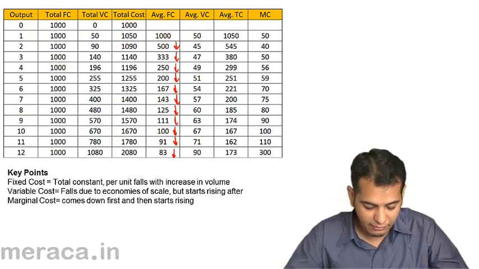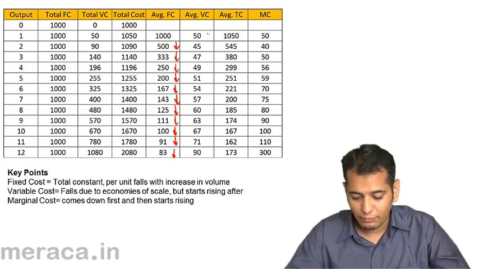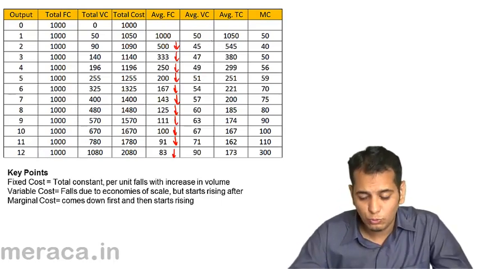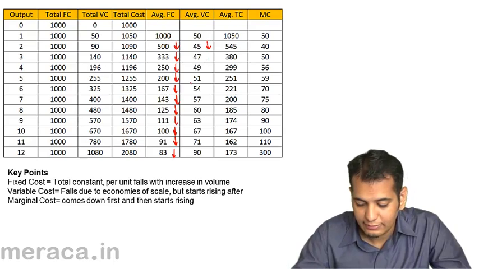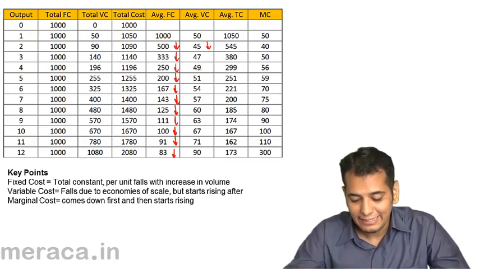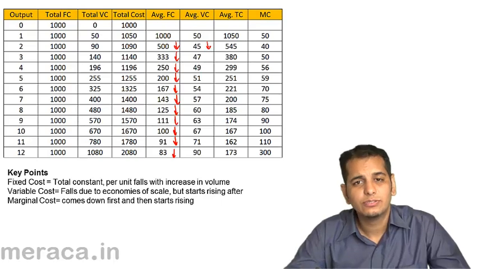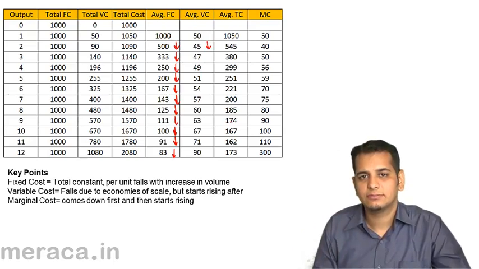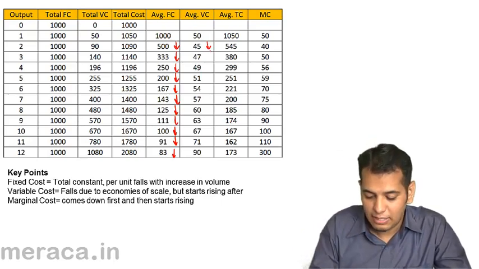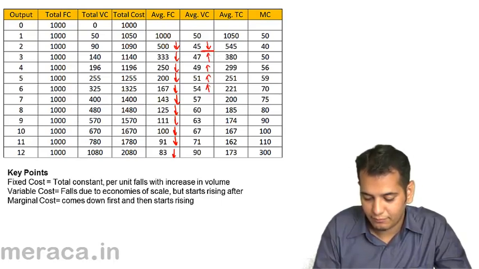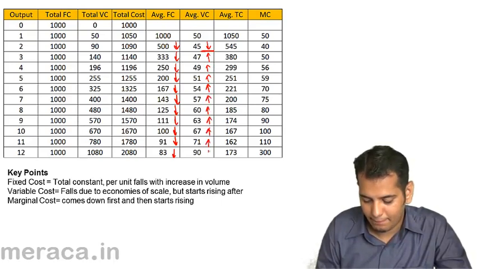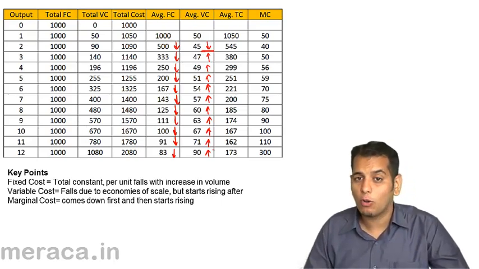And for the 12th unit, it will be 90, that is 1080 divided by 12. Now in this column, if you closely observe, you'll find that the average variable cost initially declines, but after that level it goes on increasing.